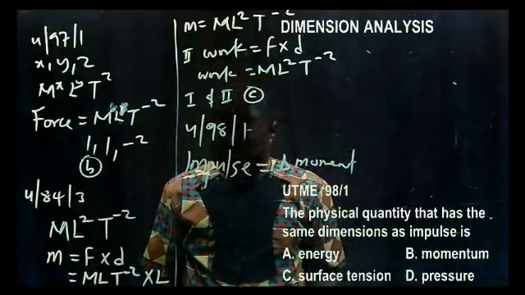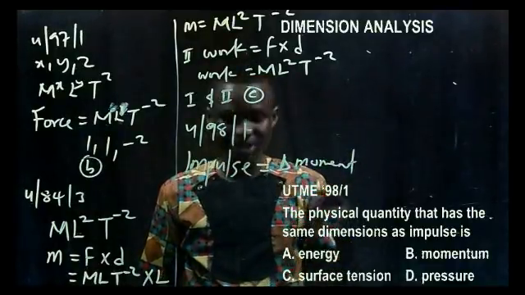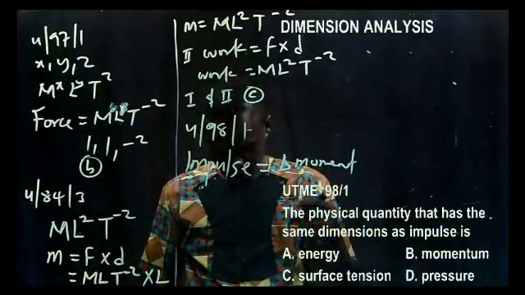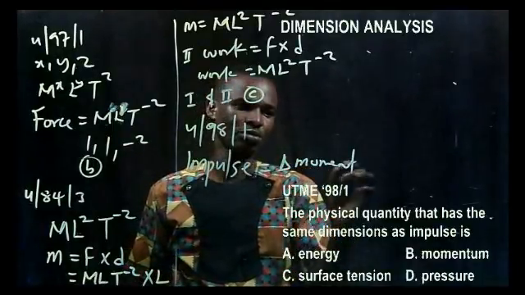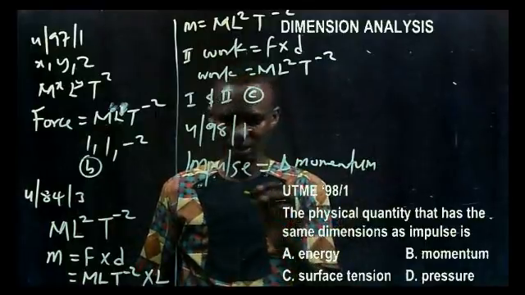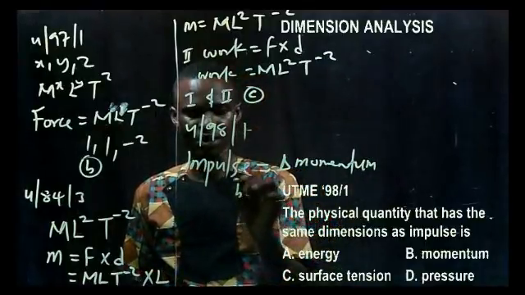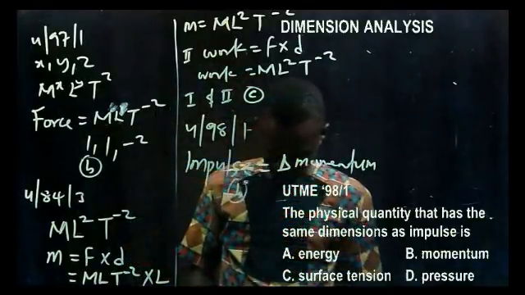So the quantity that has the same dimension as impulse is momentum. That is option B is correct for that question.